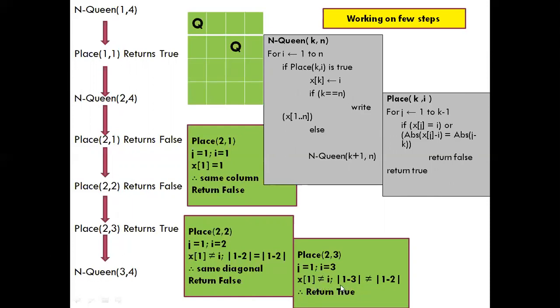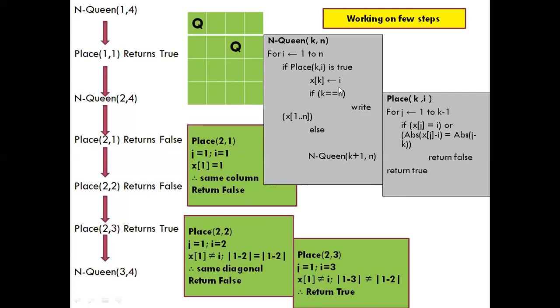For the diagonal condition, 1 minus 3 gives you 2 and j minus k gives you 1, so they are not equal either. Both conditions don't satisfy, hence it returns true, which means you can place the queen here.